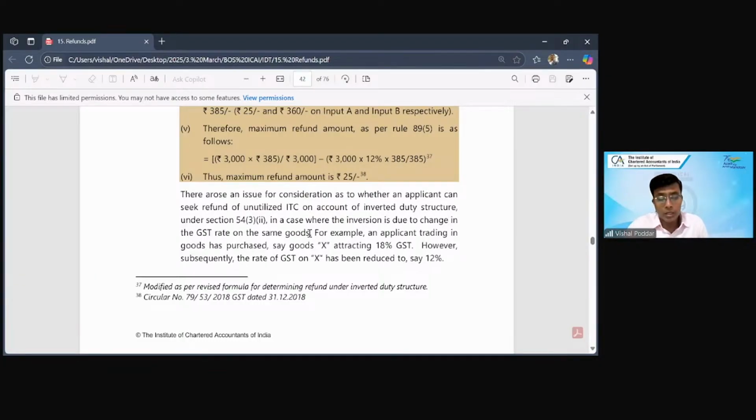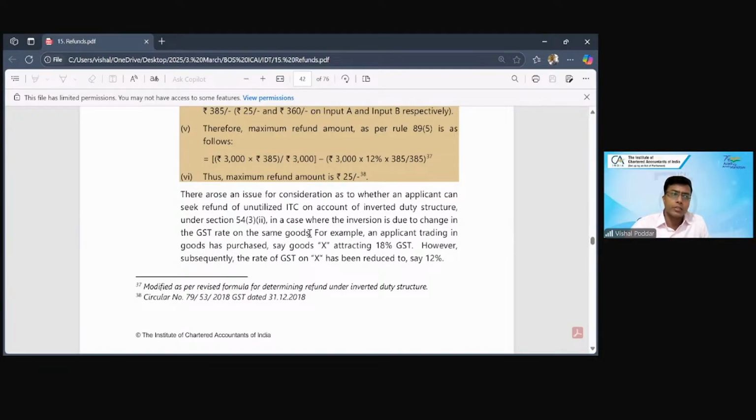This is in fact one of the considerations where very soon, maybe not in this council meeting, but in the next year or two, you'll find that the rates are being rationalized because they want to reduce the number of slabs. So when that happens, let us say I made purchases at 18%, which is the present price. But because of this rate rationalization, the goods are now put in the 12% slab.